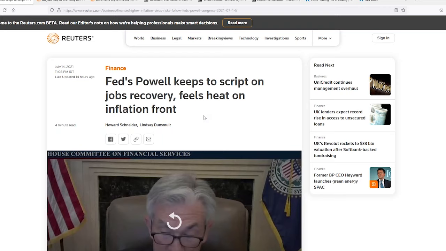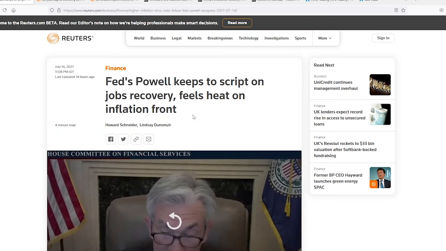What he had to say recently, yesterday, and probably some more will come out today, is basically that he believes the jobs recovery in the US, while doing well, is not all the way there yet. The fears that the market was having leading up to his speech were that he would talk about easing back on the stimulus programs, the bond buying program, et cetera, that's been helping to prop up the economy in the US.